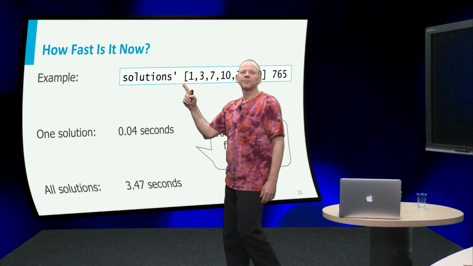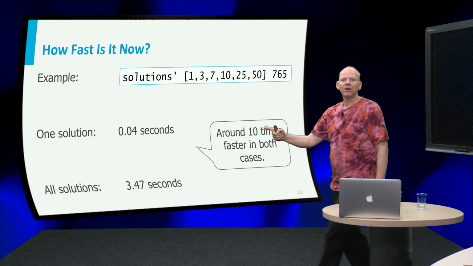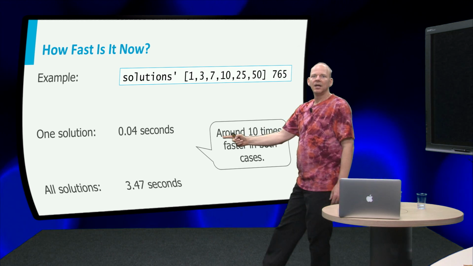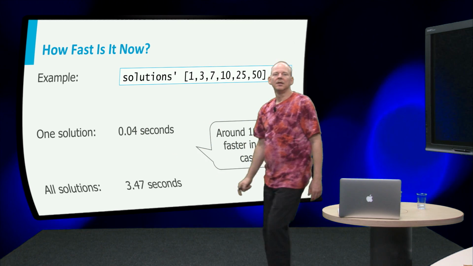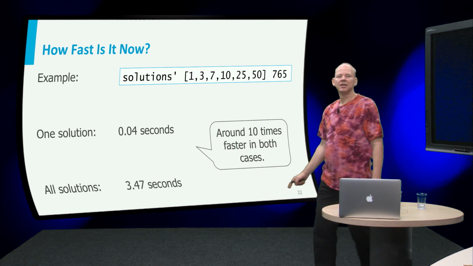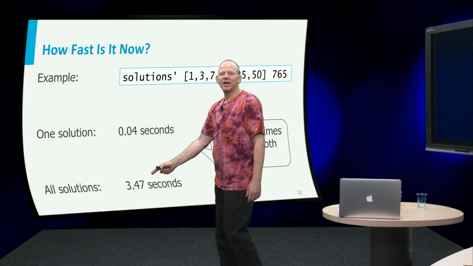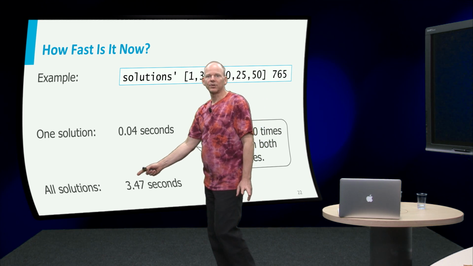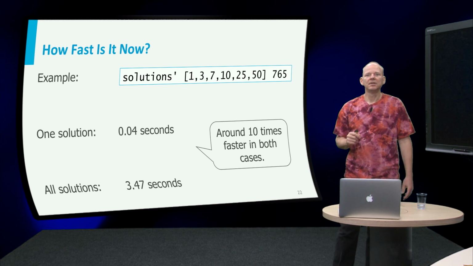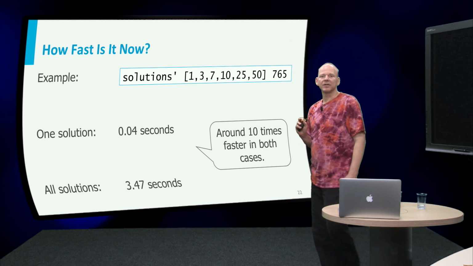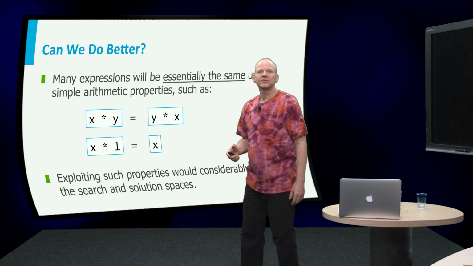In this case, if we run this now, it's about 10 times faster. It's now in 400ths of a second. And this one, which used to be 43 seconds, is now down to 3.5 seconds. This is fabulous.